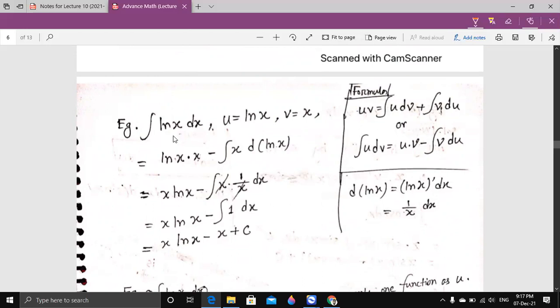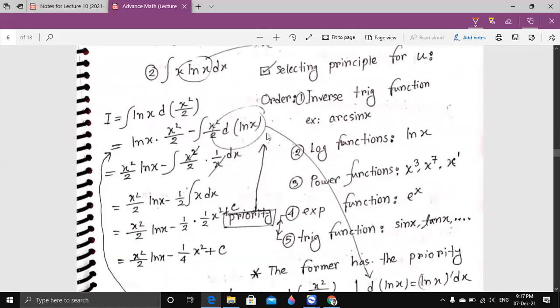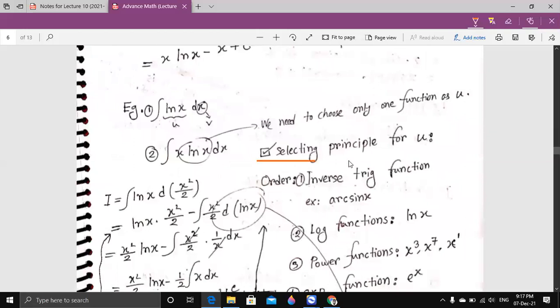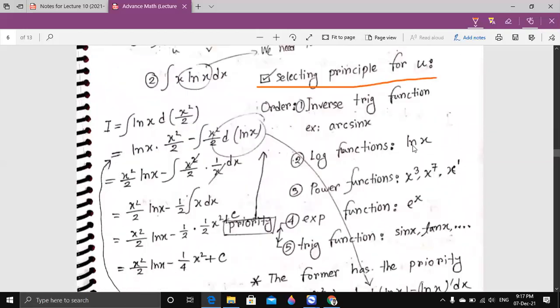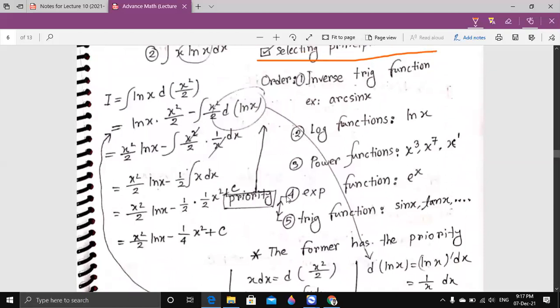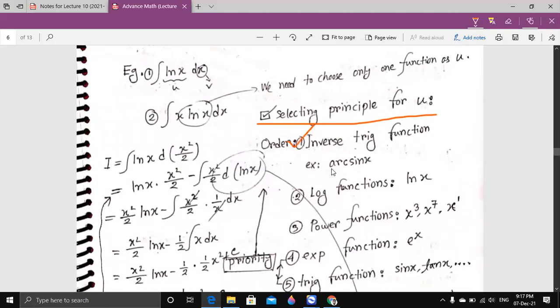Now we can have a look at another example. Here we have the integral of ln x dx. We have a kind of priority principle for choosing u. The order is this: firstly, we let u be the function when it is arc sin x.